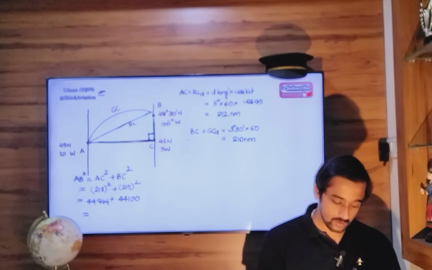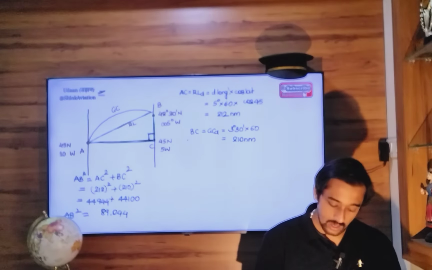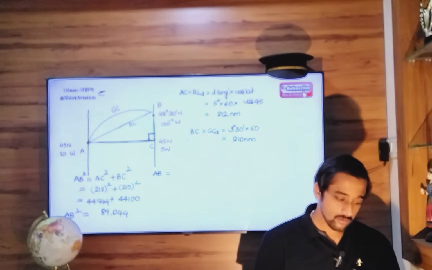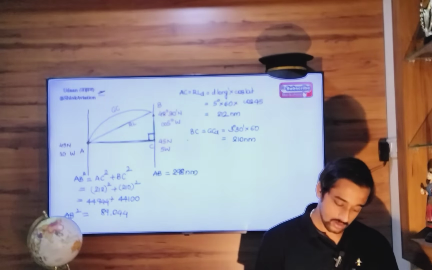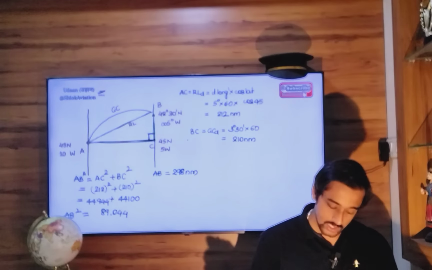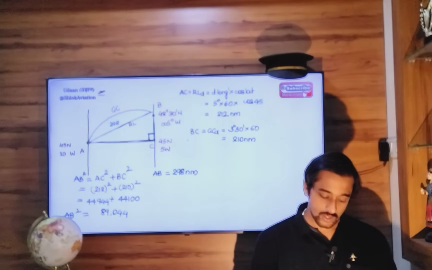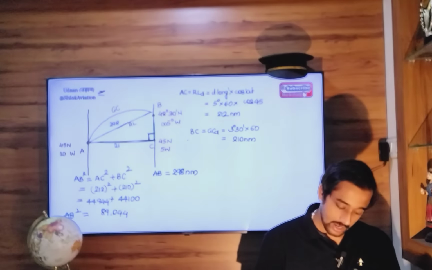So 89,044 is your AB square. So AB will be equal to the square root of 89,044, which is 298. So AB is 298, AC is 212 and BC is 210.